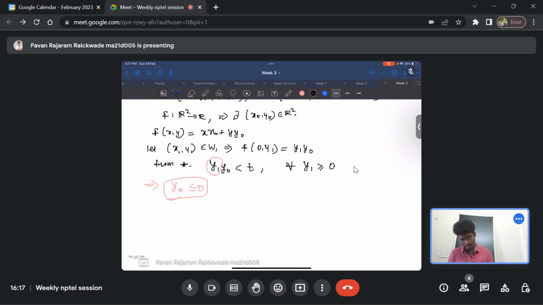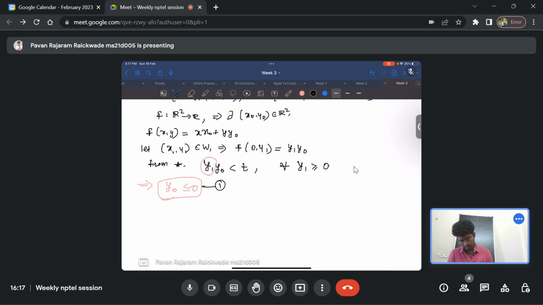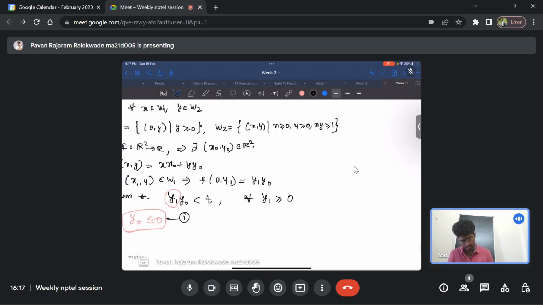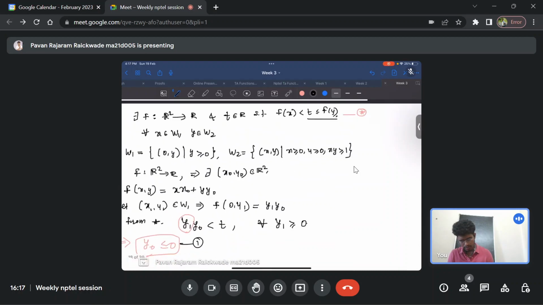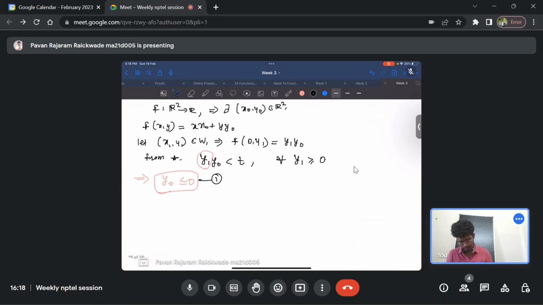Now look at the second inequality here: t is less than or equal to f(y) for all y belonging to W2, which means an element (x2, y2) belongs to W2. What is f at (x2, y2)?